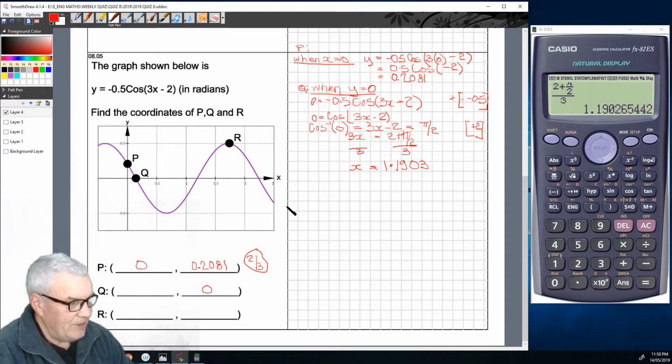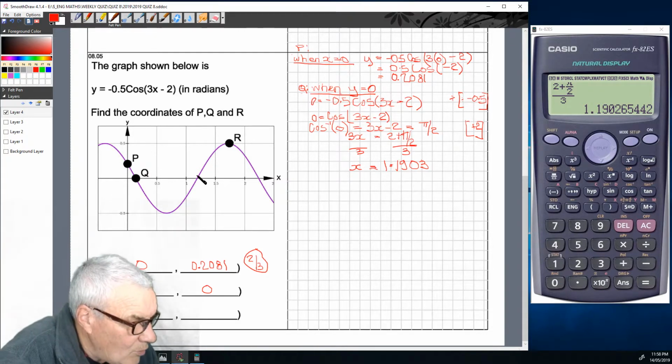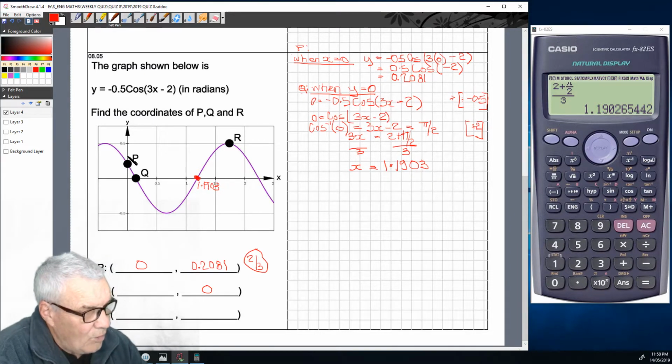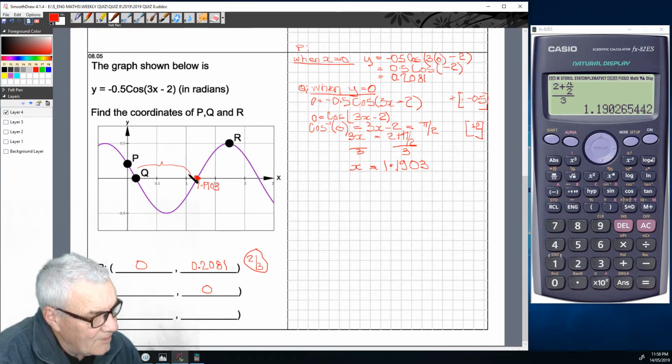But hang on a minute. 1.1903 is there on the graph, I think. That's not what we want. What we've got here is half a period.